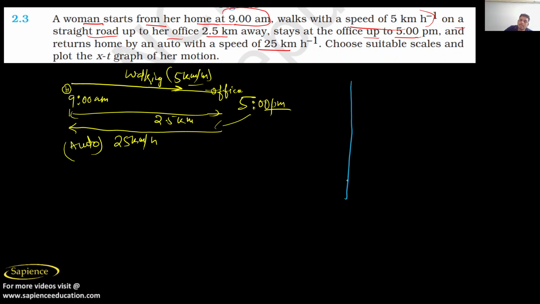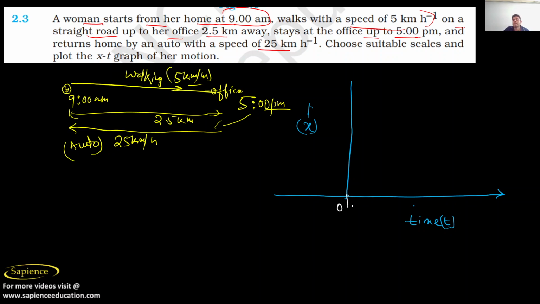So this is your straight line, right? And on this axis we will take time t, and on this axis we will take displacement x, right? So if I plot this, let us consider that this is your 0, 0.